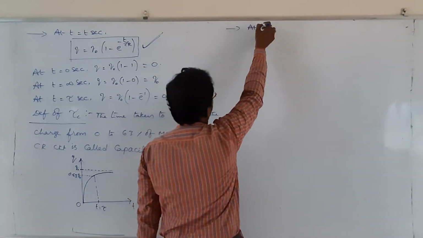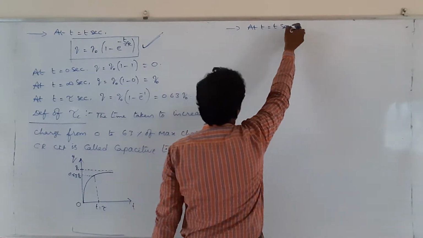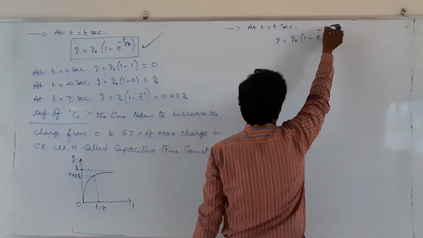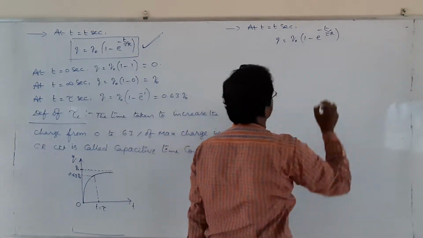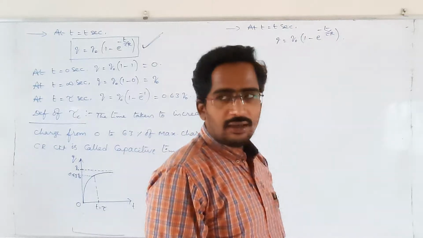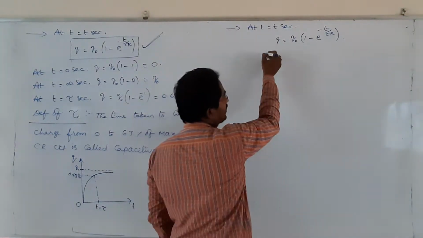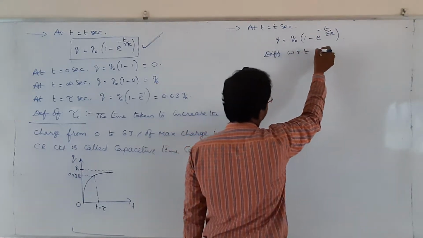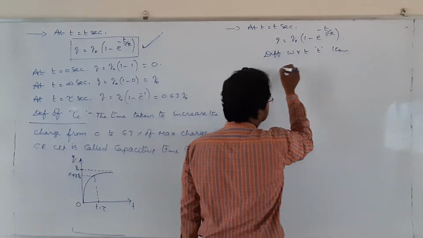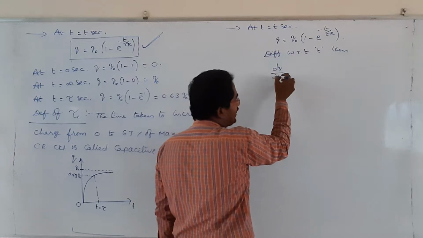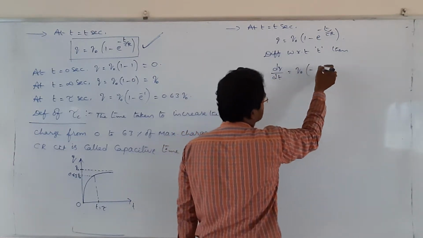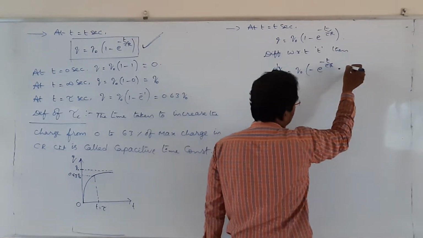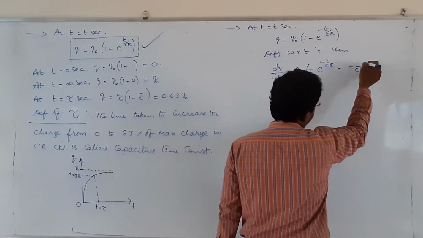At t equal to t seconds, the charge stored in the capacitor is Q naught into 1 minus e power minus t by CR. If you differentiate it with respect to t, then what shall you get? dq by dt equal to Q naught into minus e power minus t by CR into minus 1 by CR.